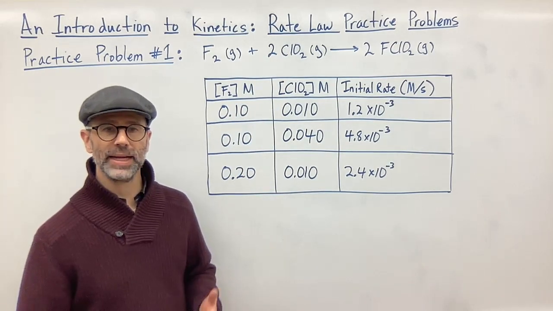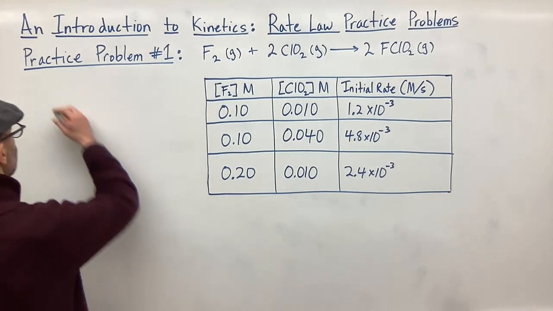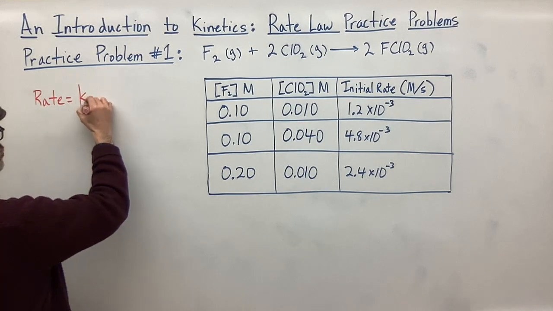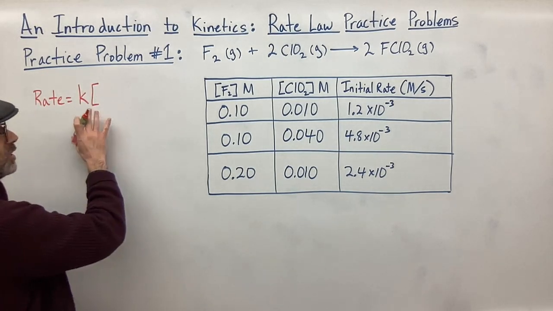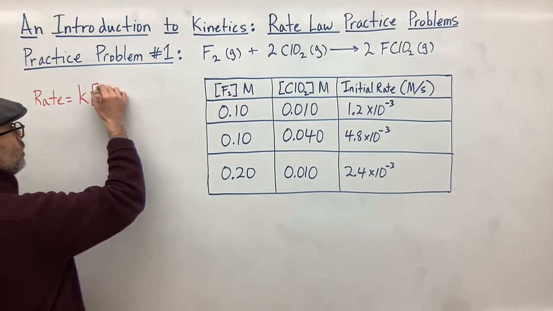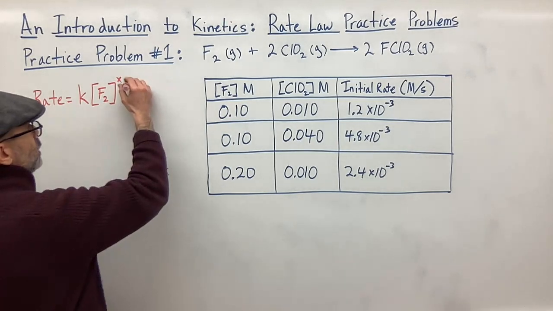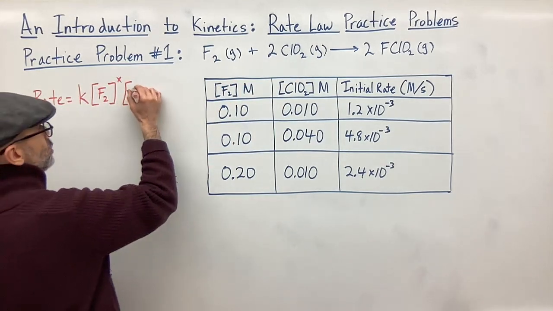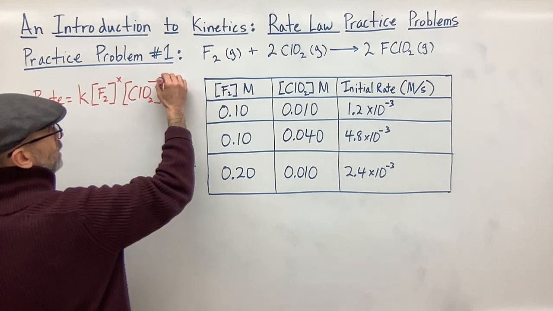First thing you need to write is your skeletal reaction equation. So we'll write that over here. The rate is going to be equal to the rate constant multiplied by the concentration of one reactant, so F2 raised to the power of x, multiplied by the concentration of another reactant, ClO2, raised to its exponent.